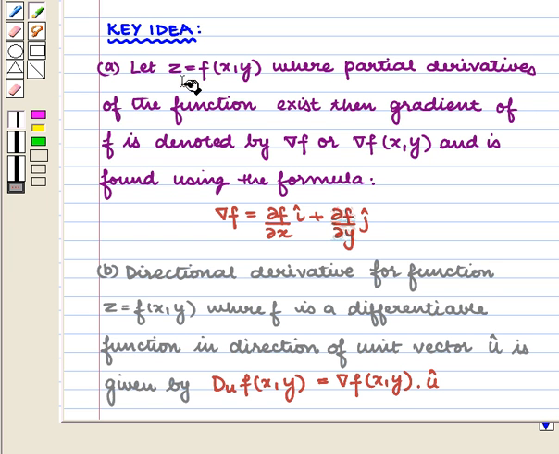Suppose z is equal to f of x, y, where partial derivatives of the function exist, then gradient of f is denoted by del f or del f of x, y and is found using the formula: gradient of f is equal to del f by del x i cap plus del f by del y j cap.